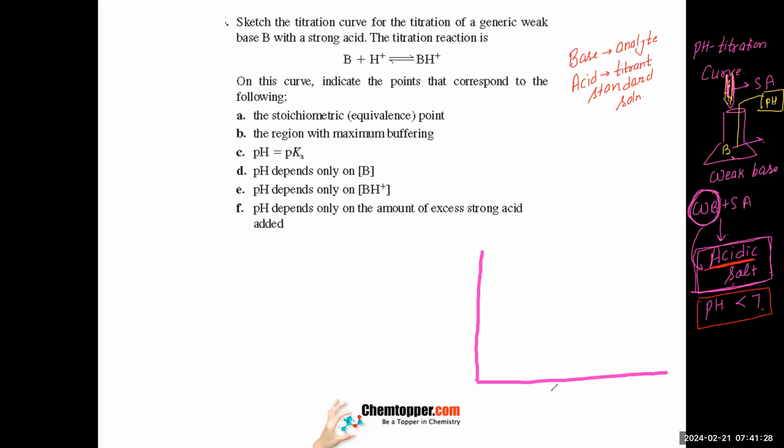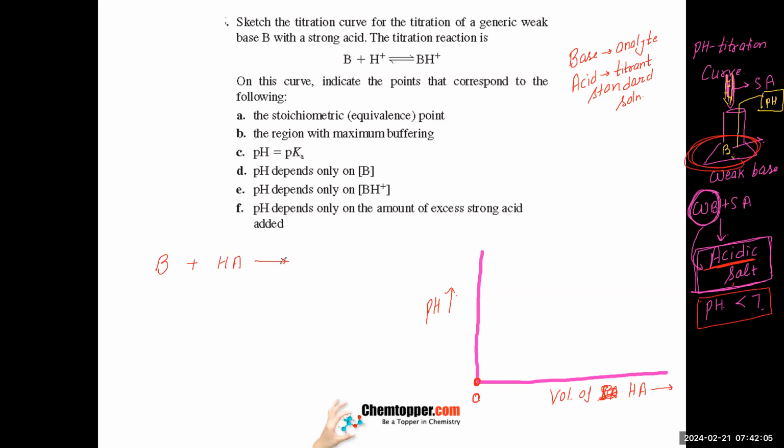What should I write here? Volume of acid, strong acid, whatever strong acid we are taking. Let's take the acid as HA, strong acid HA, volume of strong acid. What's the volume of the acid here? 0. And here I'm going to take the pH of the base in this flask, where the base is there. So this is the base, and this is the acid which I'm adding.